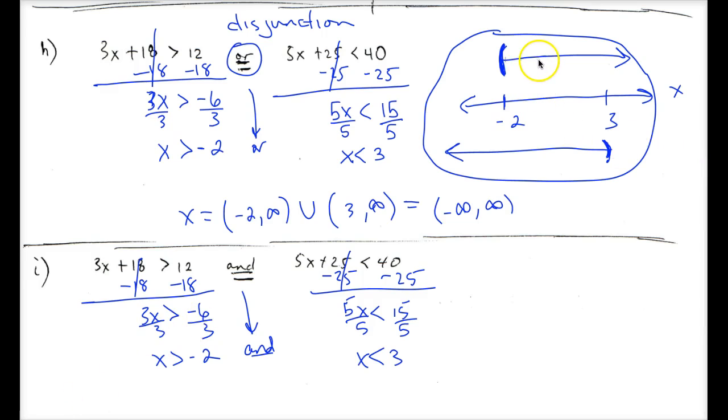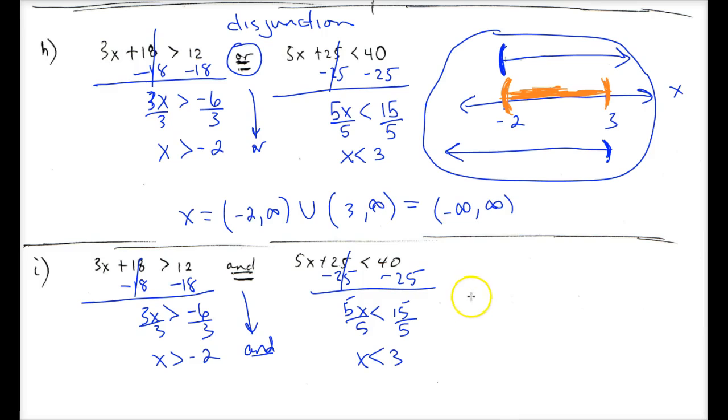And what you'll notice here is that all the values of x that are in between -2 and 3 are in common, or in the intersection of both of these sets. So all of these values in here, stopping right before -2 and stopping right before 3, would be the values that satisfy this condition and that one at the same time.